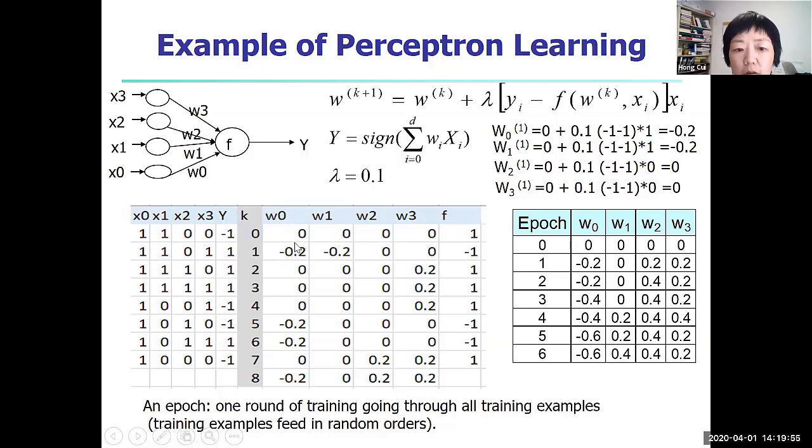So we put it here. And we do the same for the second weight. It was initially 0, plus the learning rate, lambda.